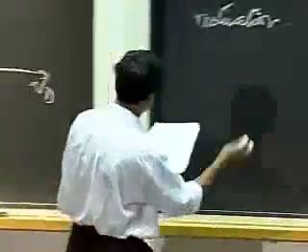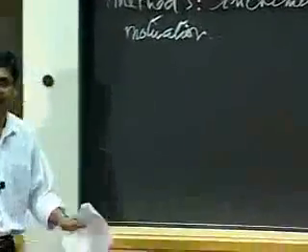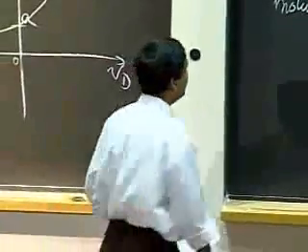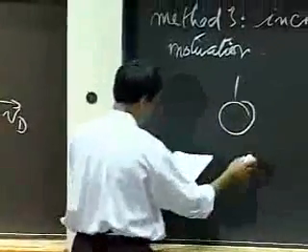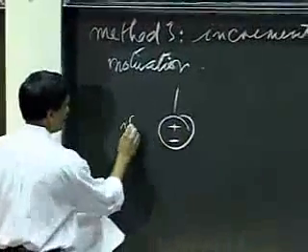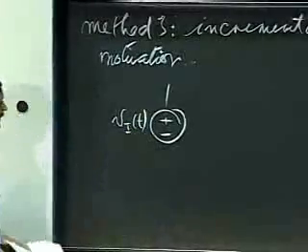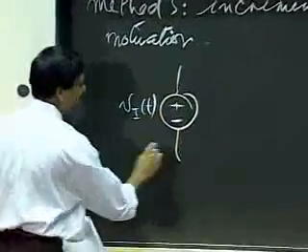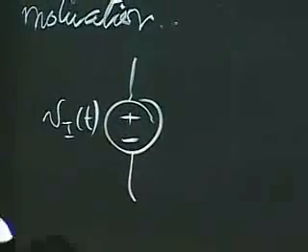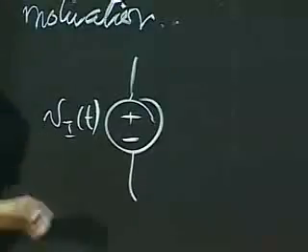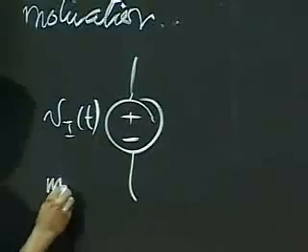Okay, so here's the little circuit that I'll do. We actually went ahead and built this. I'll also show you a demo. So here's my time varying voltage, v_I(t), and this is some music signal.